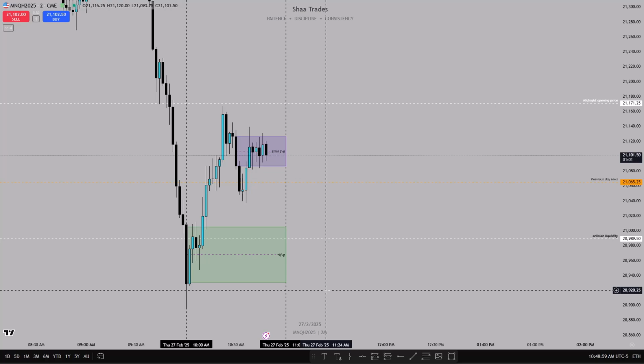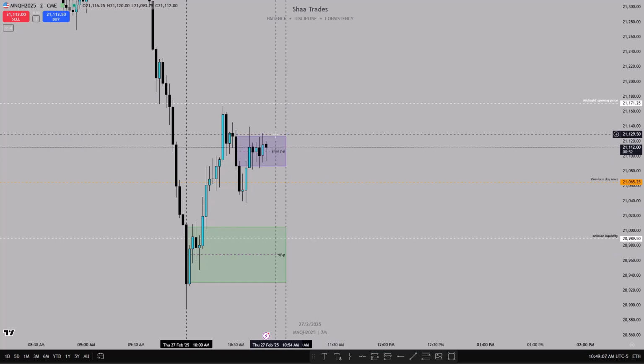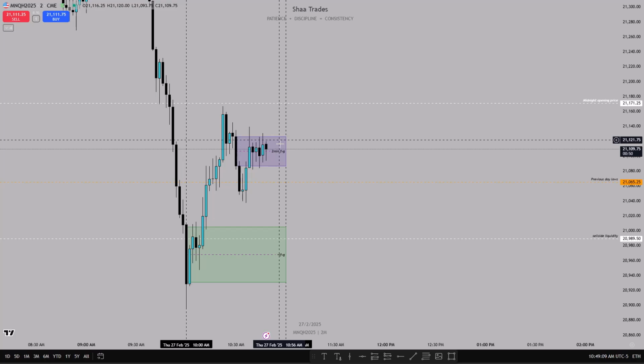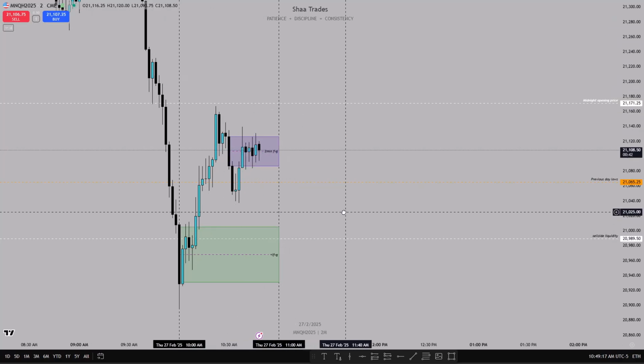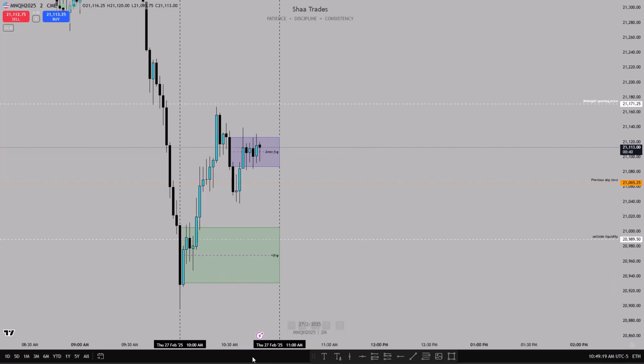But just from reading price action, what we want to see for our model is for price to break here, close above it, drop down to the 1 minute, and then see if we get an entry, probably going up in here. So it's just playing around right now.